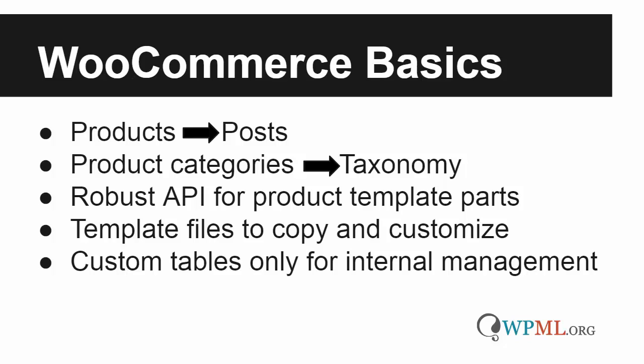And one of the very helpful things for making it multilingual ready is that WooCommerce uses the default WordPress tables for all product and product categories, and it only uses custom tables for its internal management, such as orders. This is a very important issue because this allows us to translate everything that you build in WooCommerce.